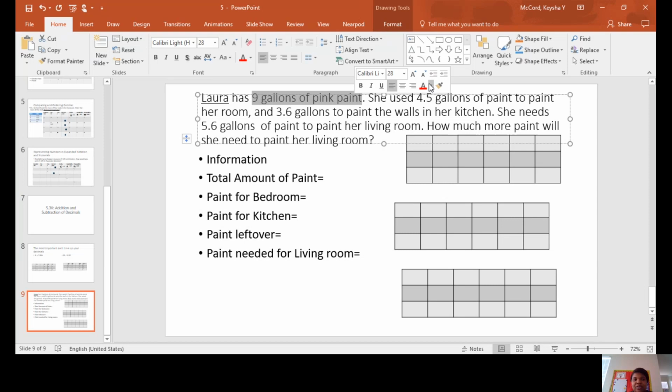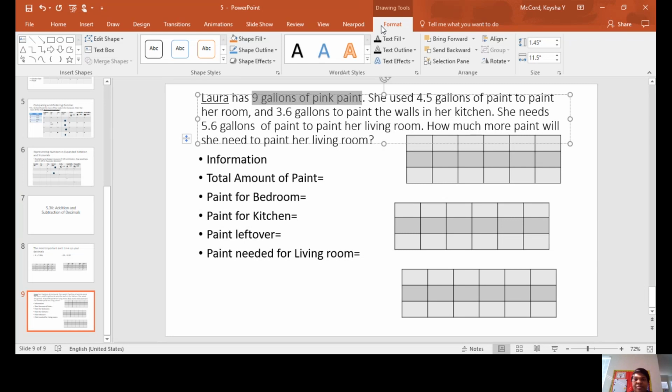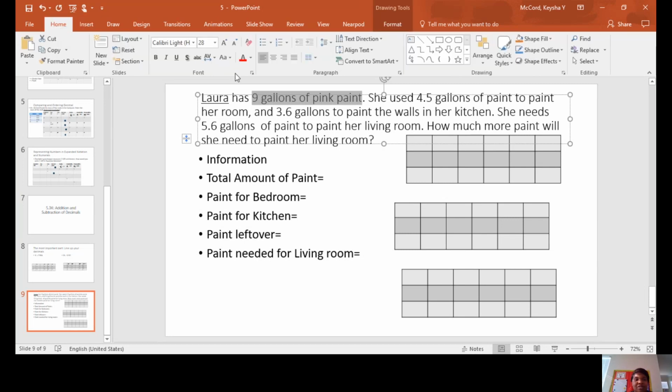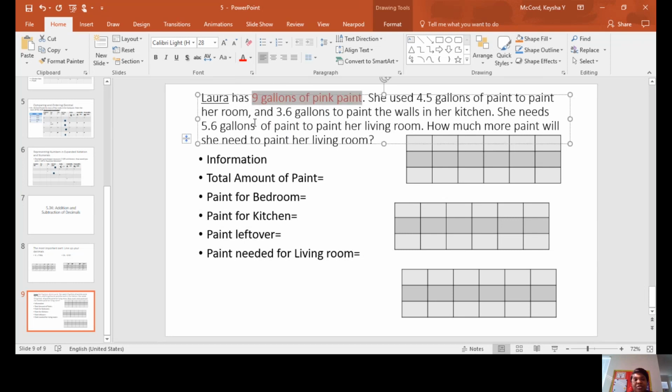Technical difficulties. We're just gonna change the color of the text so we know that's important information, and I will make it a beautiful flamboyant red. Okay, so I'm highlighting my important information.